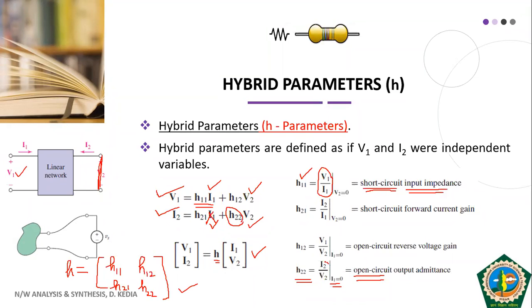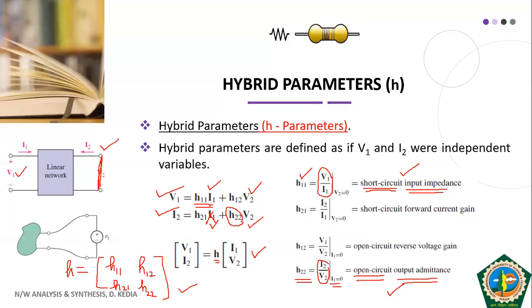And I2 upon V2 is nothing but the admittance, and admittance involving only the output port values. So that's why we call it output admittance. So H11 is nothing but short circuit input impedance, and H22 is nothing but your open circuit output admittance.